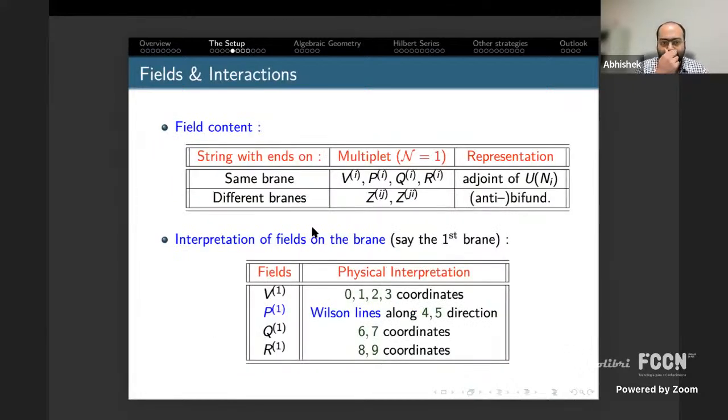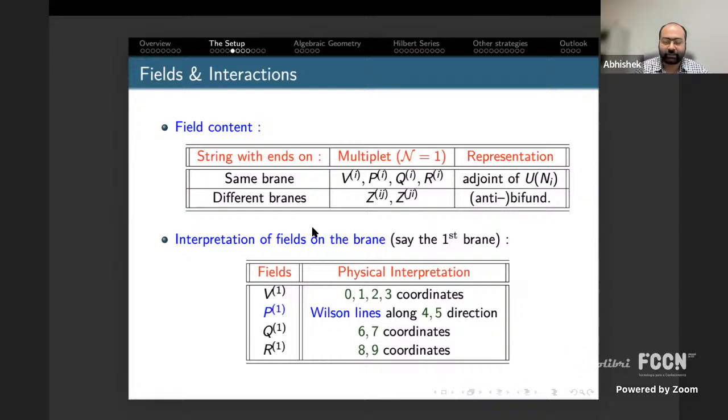So the field content is as follows. In the same brane, we have V_I, P_I, Q_I, R_I, where I is the index of the brane, so I is 1, 2, 3, 4 for the 4 branes. They are all in the adjoint of U(N_I), where N_I is the charge of the Ith brane.